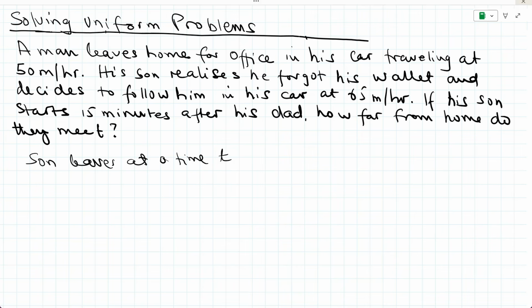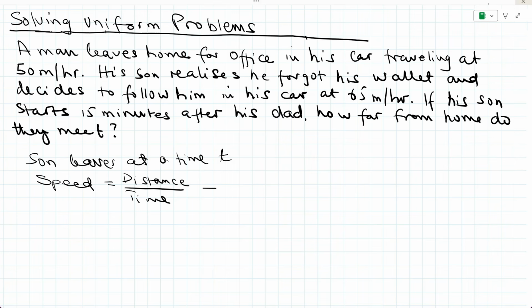So if the distance traveled by both will be equal, we now look at the equation for speed. Speed is equal to distance traveled divided by time taken. And we can make the distance the subject of this equation.